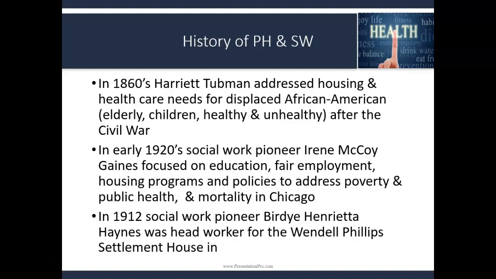The irony is her focus on education, employment, and housing programs is very similar to what we look at now when we talk about social determinants of health, particularly poverty and its effects on public health and population health, especially for people of color. Similarly, in 1912, social work pioneer Bertha Henrietta Haynes was head worker for the Wendell Phillips Settlement House.